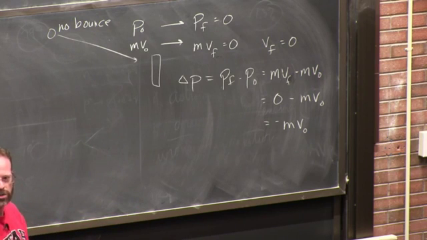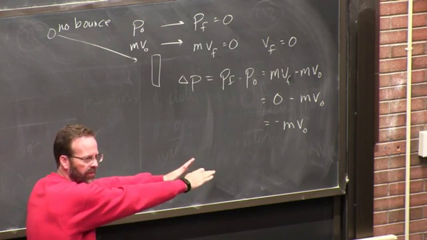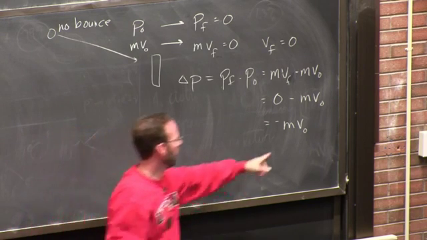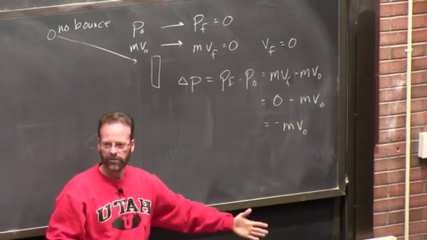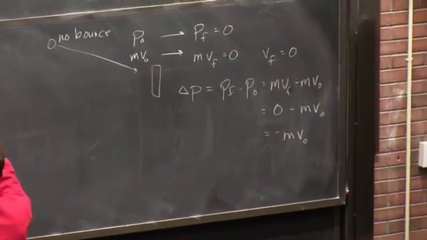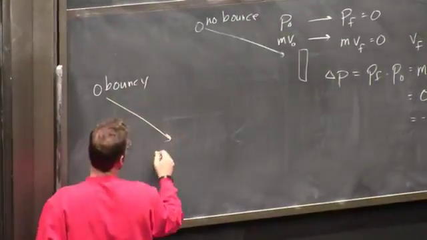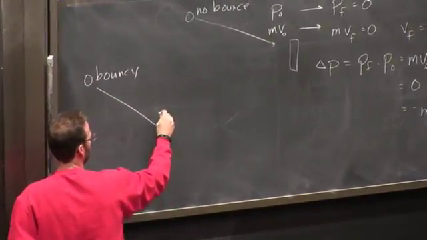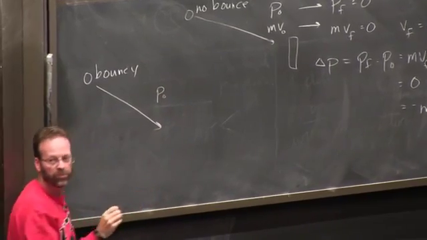I know I just wrote a bunch of stuff down. So it came in with mv in the positive direction to our right. The change was a negative mv to stop it. It got pushed this way. All right, let's do the bouncy ball. What's its initial momentum? 0?